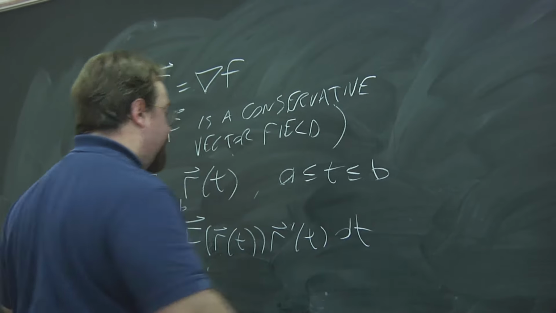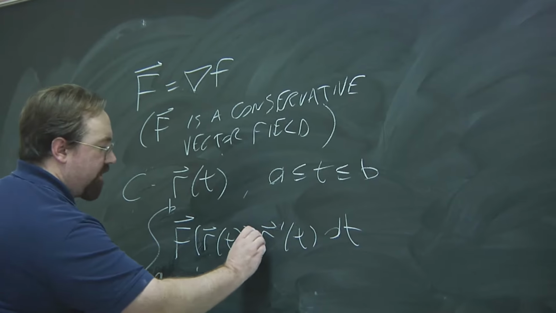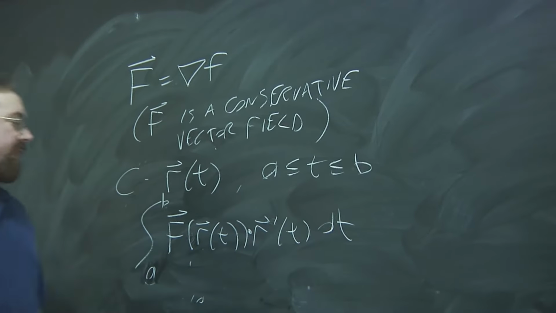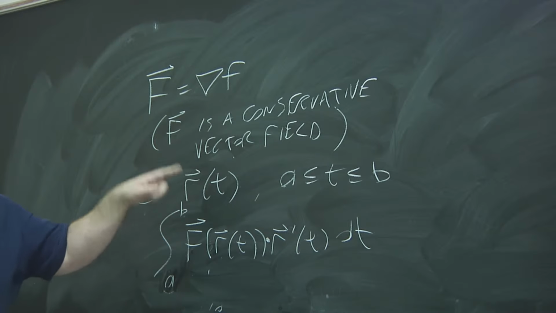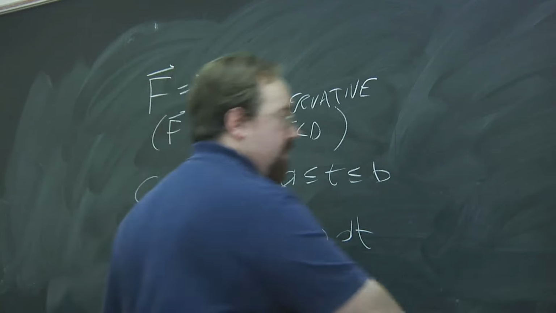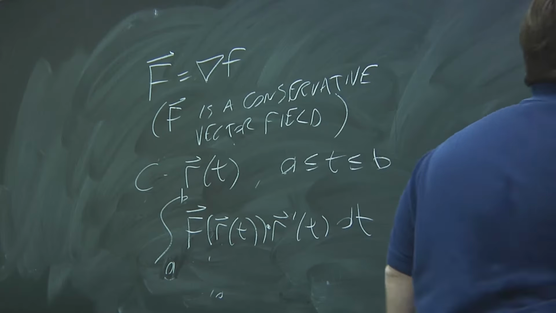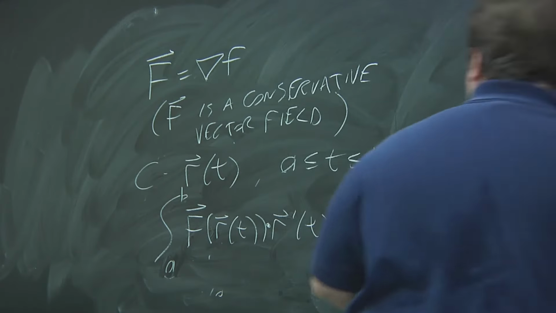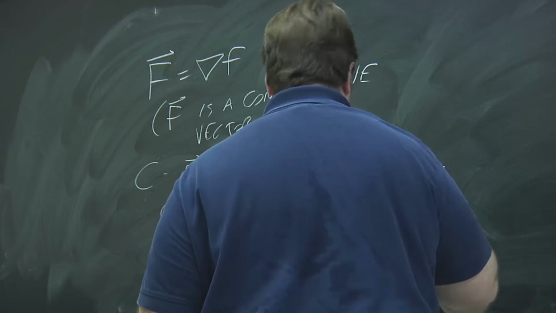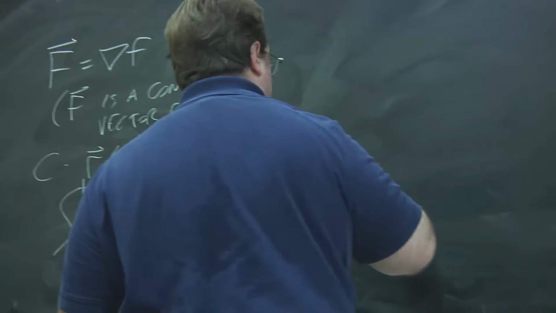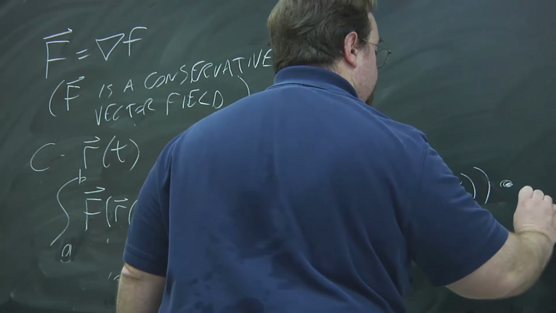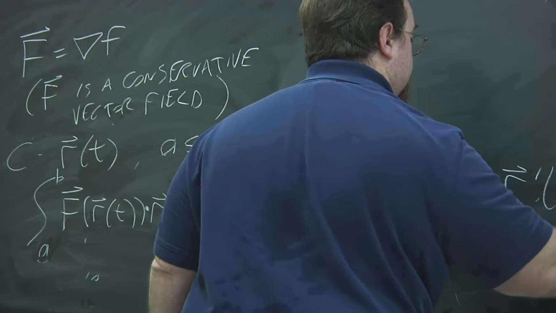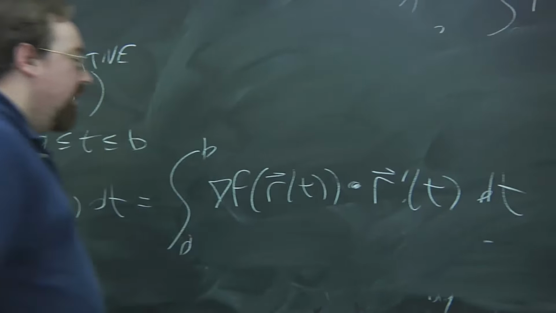So this is what you'd actually be evaluating. There's a dot product in here. But now I'm going to fill in the fact that big F is a gradient of little f. So we have the gradient of little f evaluated at r of t, dot product with r prime of t, dt.